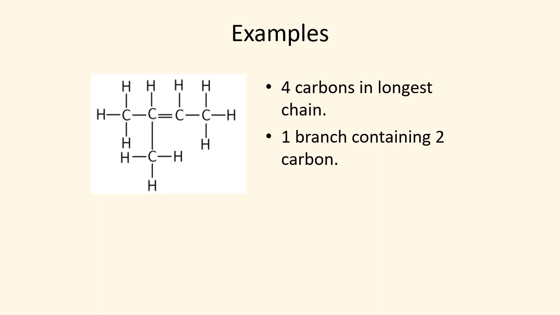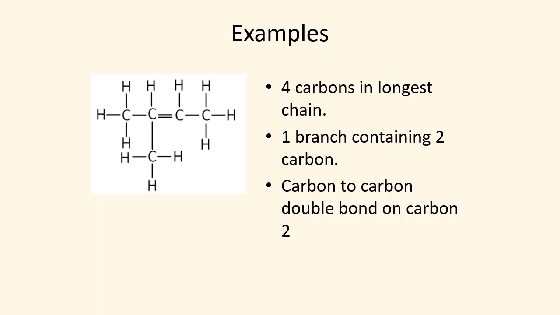There is 1 branch, and that contains 1 carbon atom, and the carbon to carbon double bond is on carbon number 2, and the branch is also on carbon number 2. So it is 2-methyl-but-2-ene.